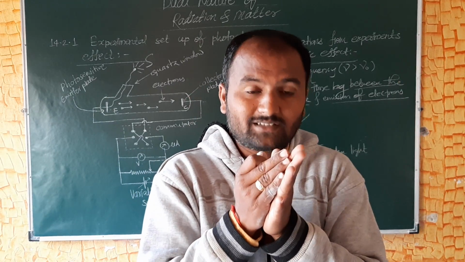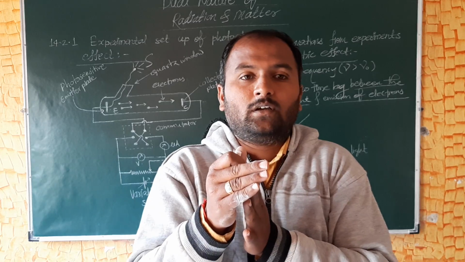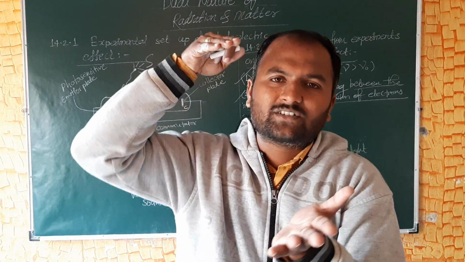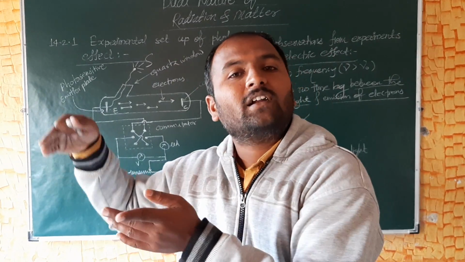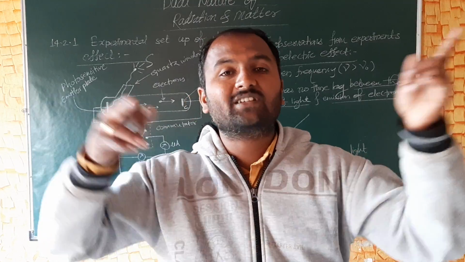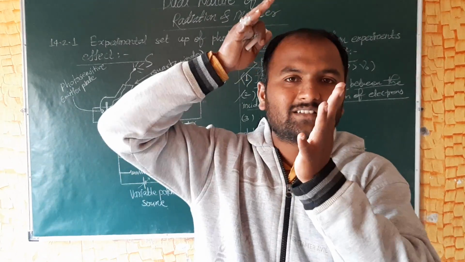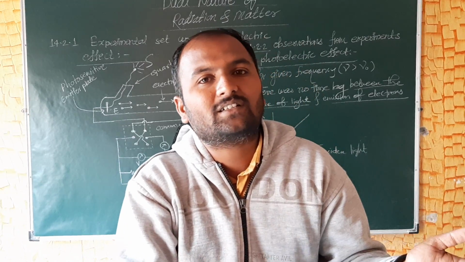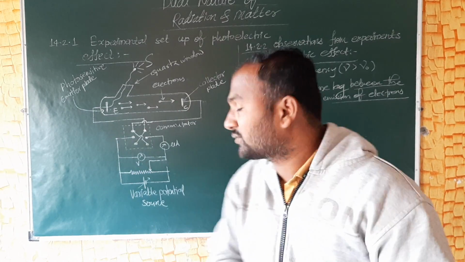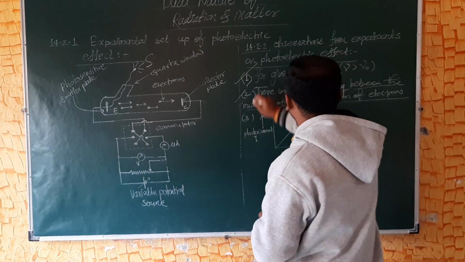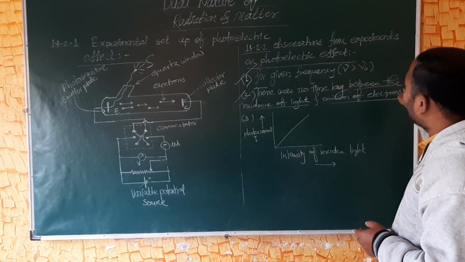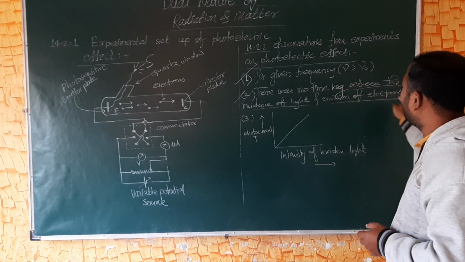So whenever the incident radiation falls, electric current flows, meaning electrons are ejected from the metal surface. But whenever the incident radiation stops, the electric current also stops. So this is the second observation: there was no time lag between incidence of light and emission of electrons.